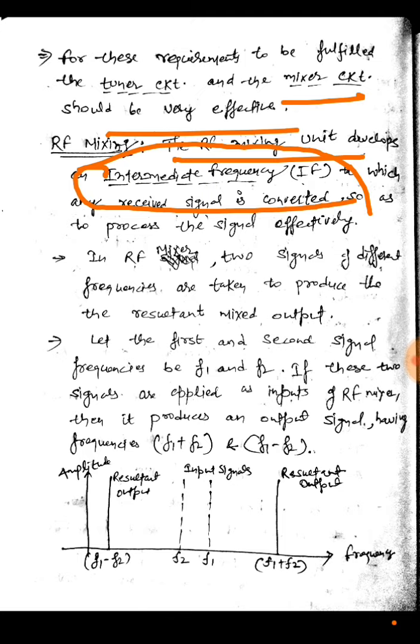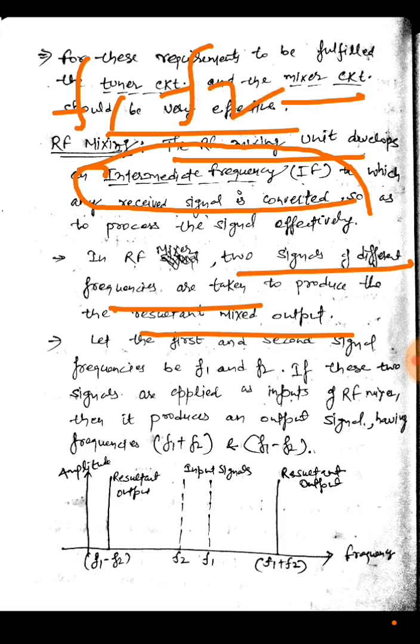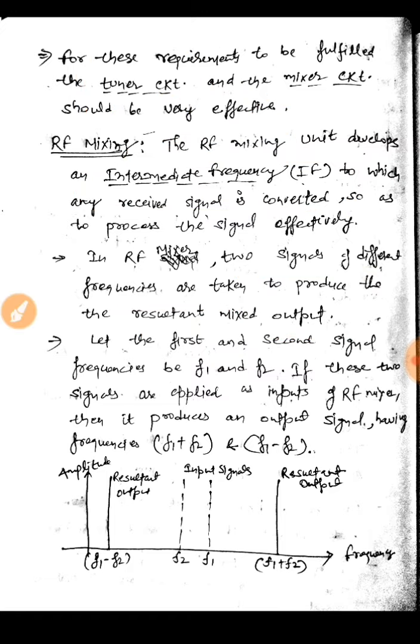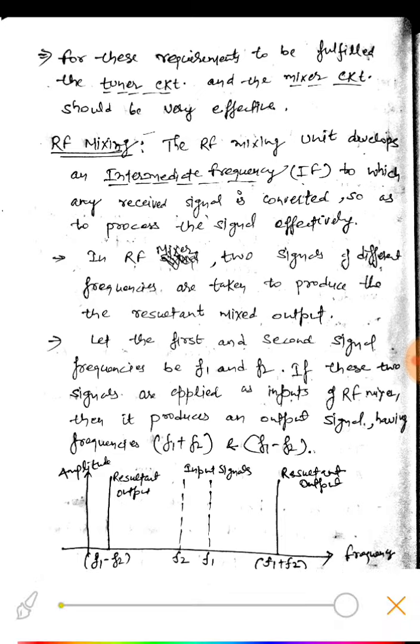In an RF mixer, two signals of different frequencies are taken to produce the resultant mixed output. If there are two frequencies f1 and f2, these are fed to the mixer and it produces the resultant output. Let the first and second signal frequencies be f1 and f2.